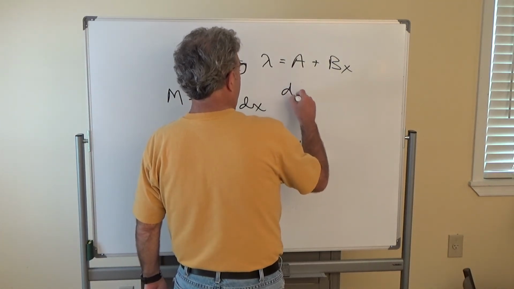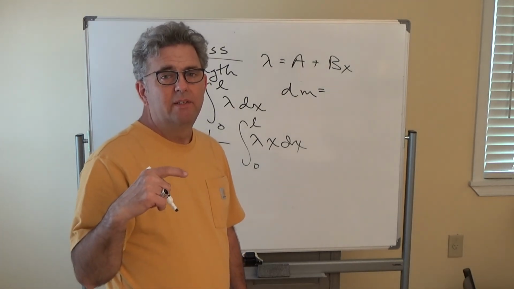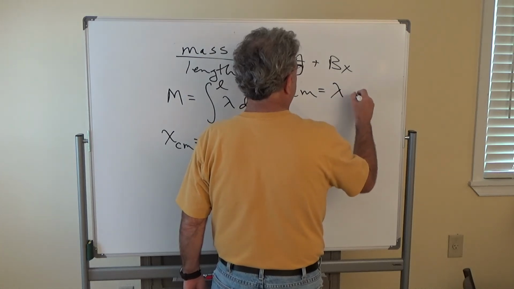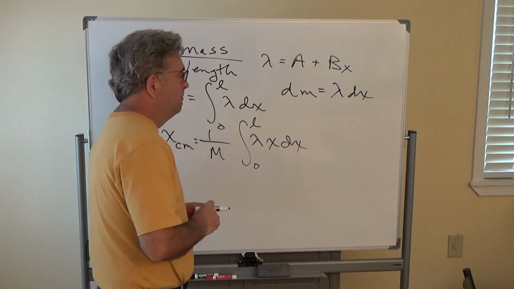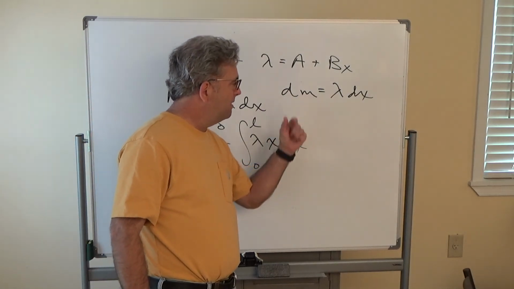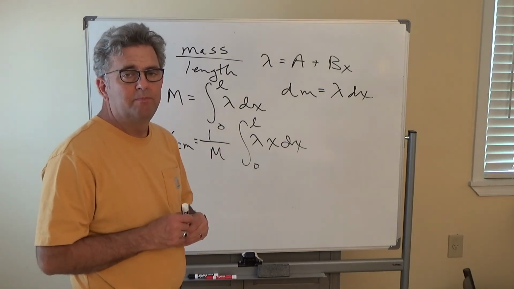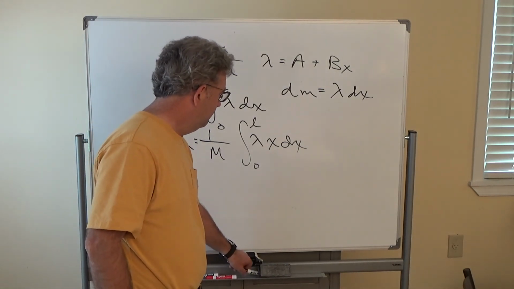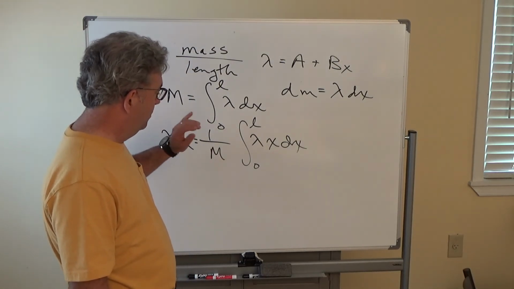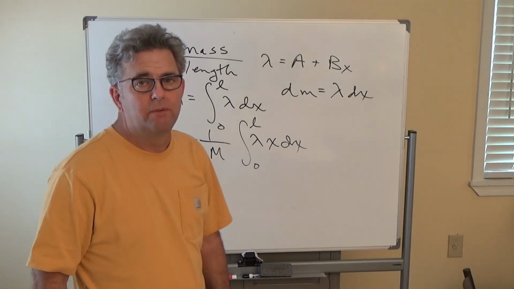Because dm, if you watched my center of mass video, dm is lambda dx. That's that little bit of mass, and then you multiply by x. And integrate. And don't forget, when you find the center of mass, it's a weighted average, so you have to divide by the total mass.